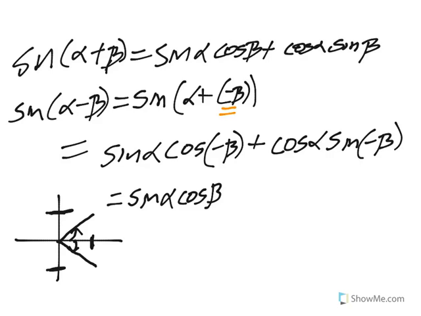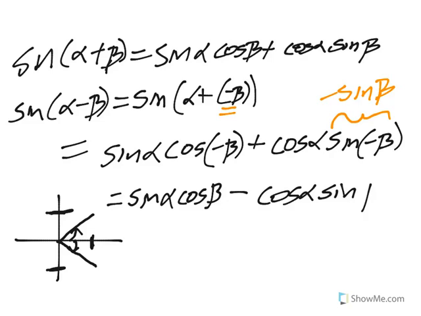So sine of negative beta is minus sine of plain old beta. So there's a negative here, and we have a whole new identity: the sine of a difference is the sine of the first cosine of the second minus cosine of the first sine of the second.